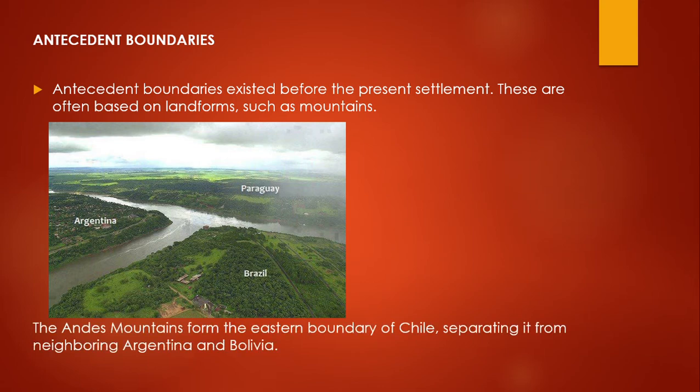In this picture, the boundary is a river. It is separating Argentina, Paraguay, and Brazil. The Andes Mountains form the eastern boundary of Chile, separating it from neighboring Argentina and Bolivia. So it is also separated by river and mountain.